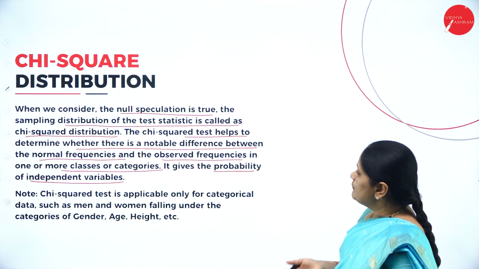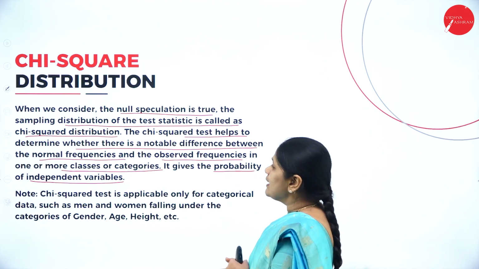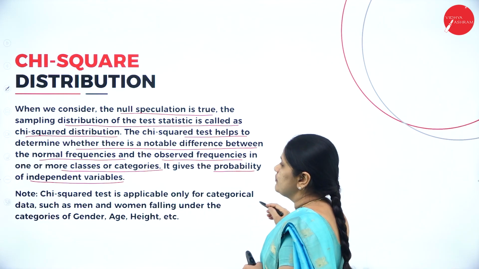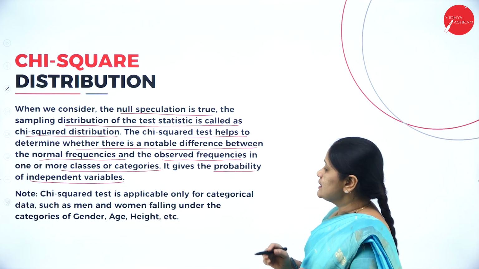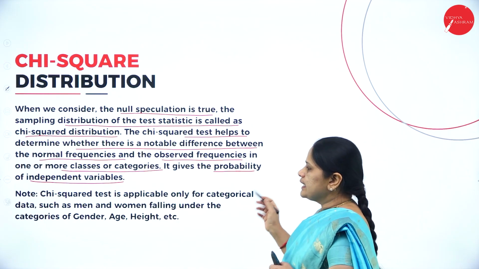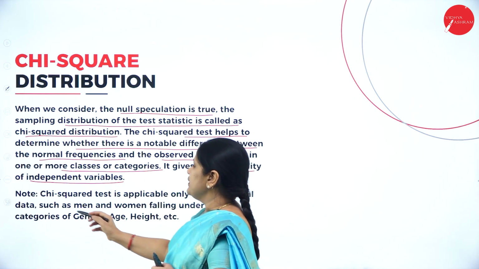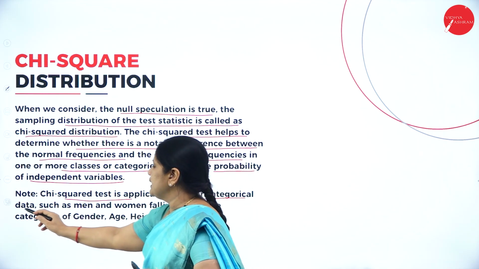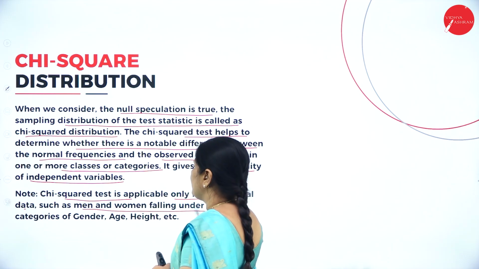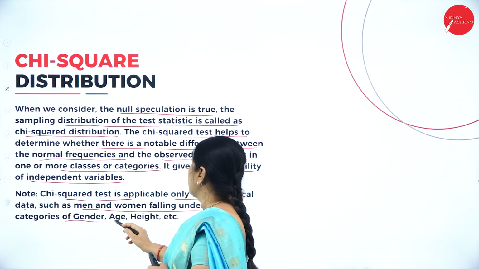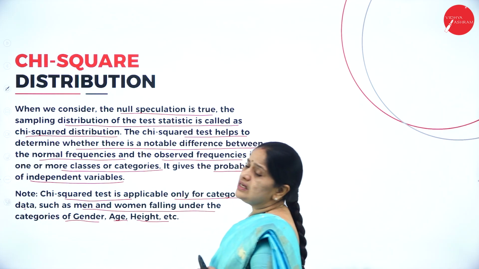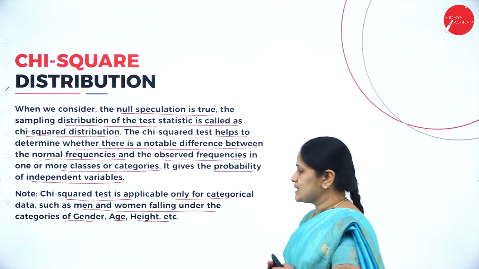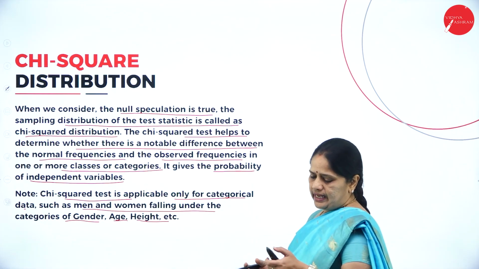The chi-square test is applicable only for categorical data, such as men and women falling under the categories of gender, age, height, etc.